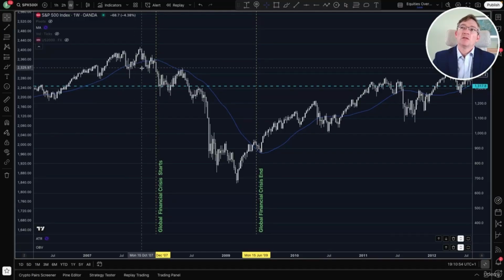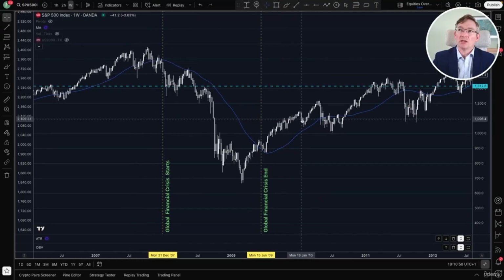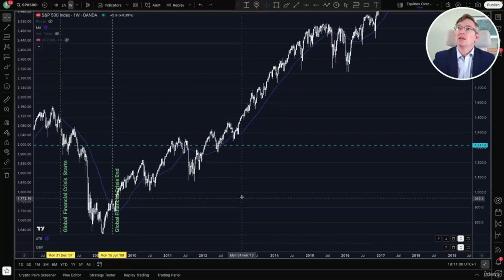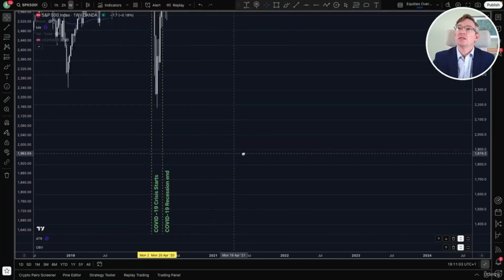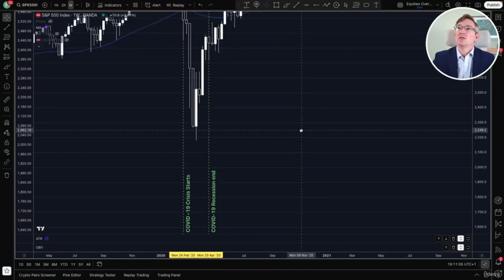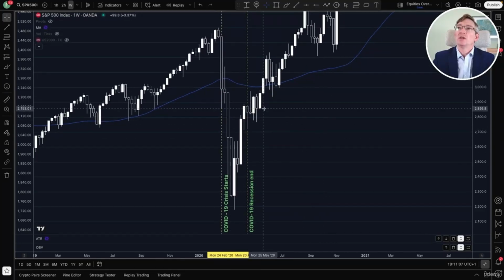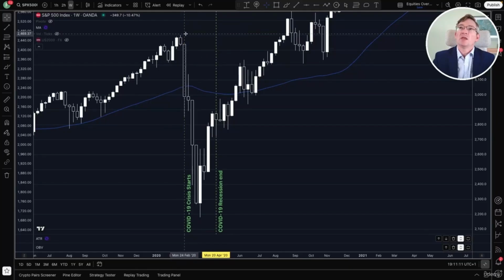You see that? That the global indices tend to lead the economy, not the other way around. Similarly, if you take a look at COVID 2020, you can see in exactly the same way that even when COVID started, the S&P 500 had already peaked just before the crisis started.